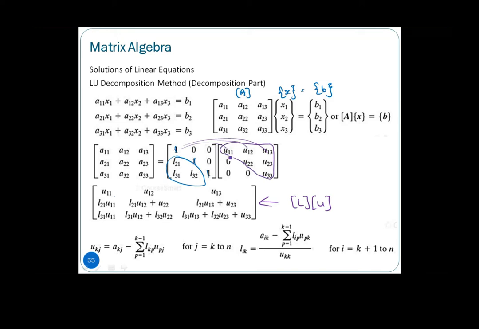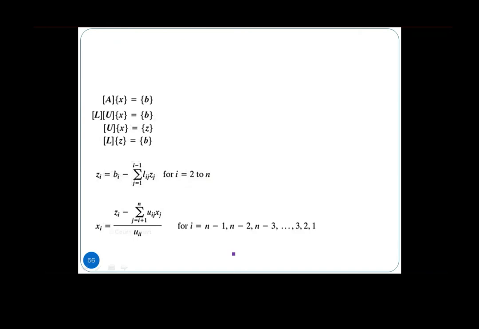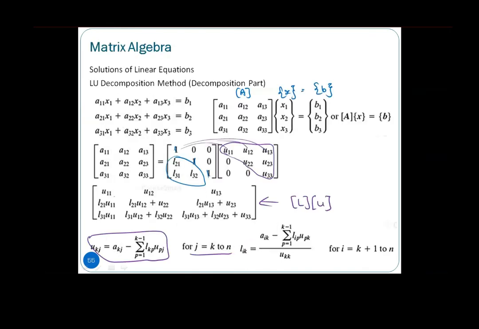So if you look into these particular general problems, for j equals to k to n, then we have, maybe I need another empty sheet to show you.